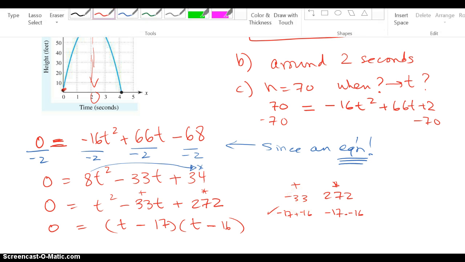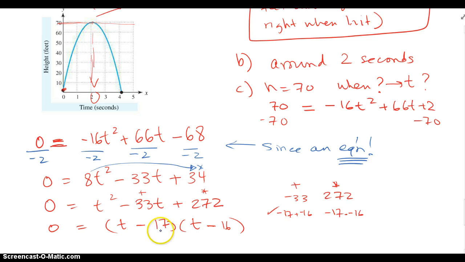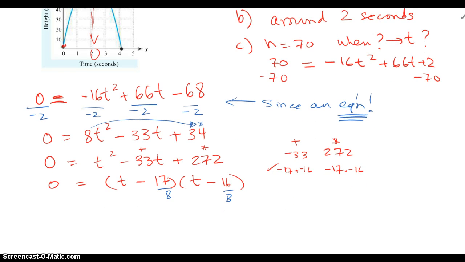But since I had multiplied originally by an 8, I have to divide these by 8 now. This one reduces, so that's going to be t minus 2. This one doesn't reduce, so I move the 8 up: 8t minus 17. So basically this is the factored version of the equation.